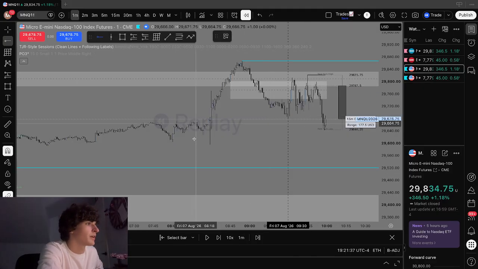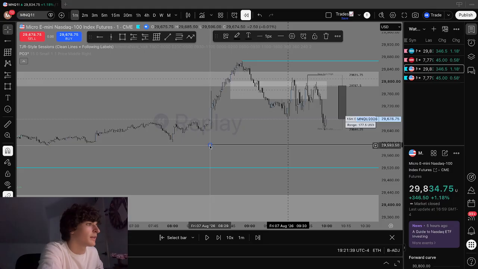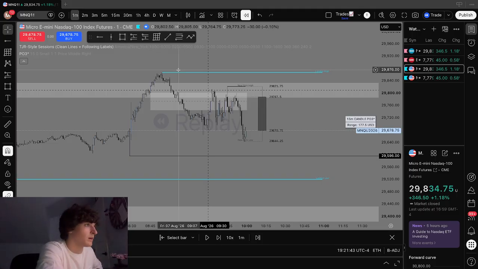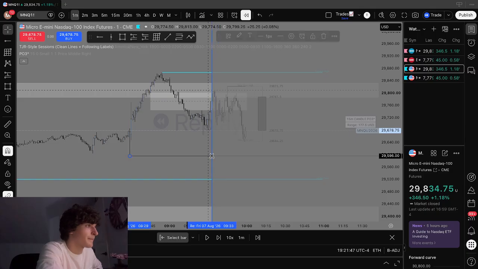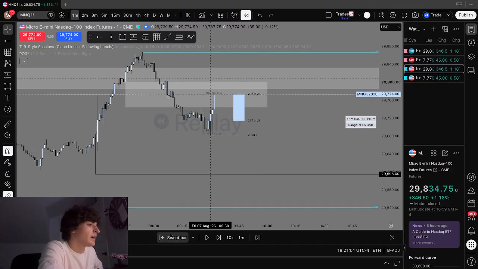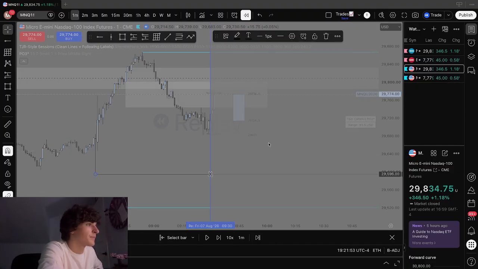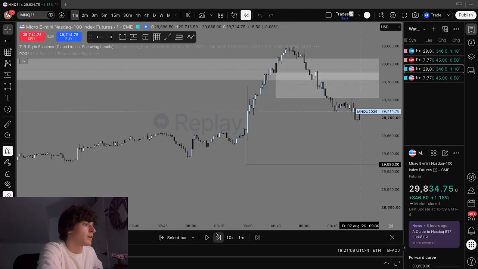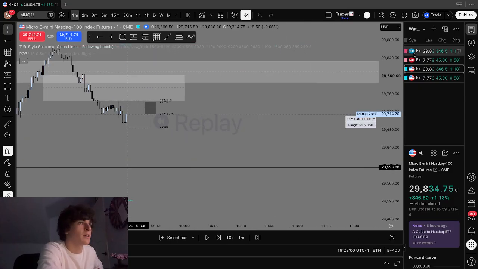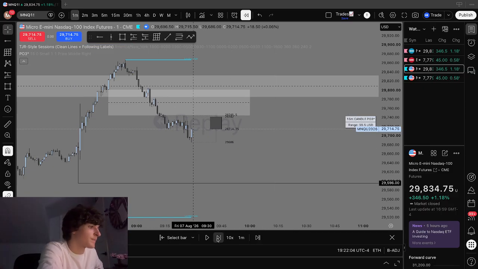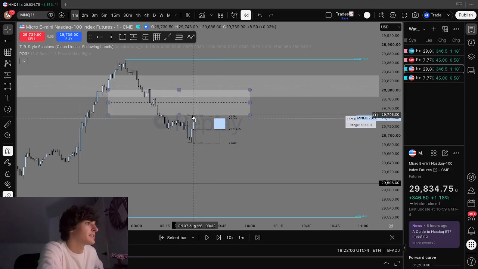Now what should we target? We have data low right there. Boom. Okay, wait. We went a little bit too far on the 15 minute. Okay, so what does price do at open? We see that price pushes up into this 15 minute.